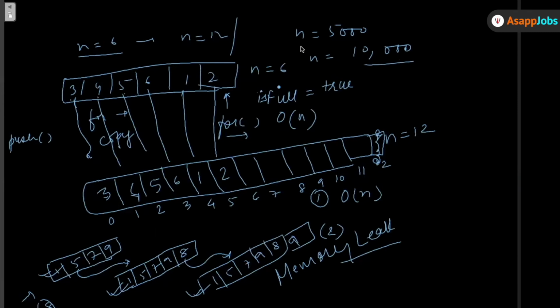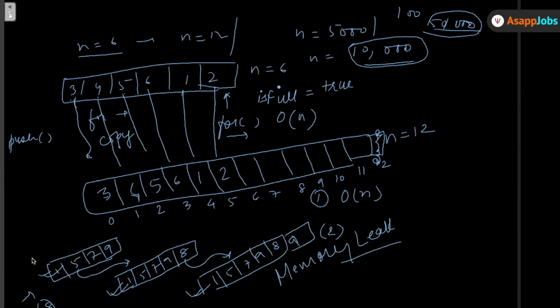And suppose after 5,000, I only had to store 100 more elements. So I am storing only 5,100 elements, but I have created an array of size 10,000. So it's just holding a size of 10,000 in the whole space. That is also a wastage of space. Does that make sense? Yes. So again, this is not a foolproof thing. This also has its limitations, and it results in wastage.